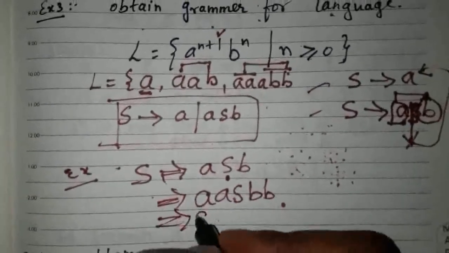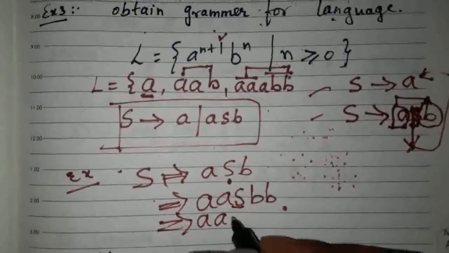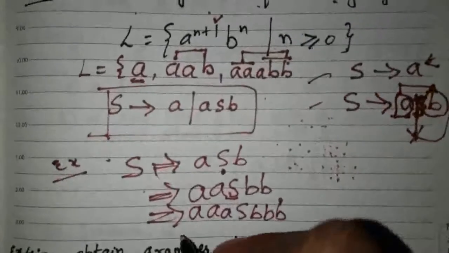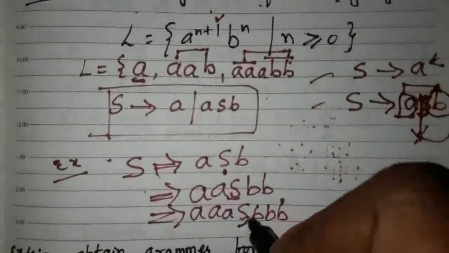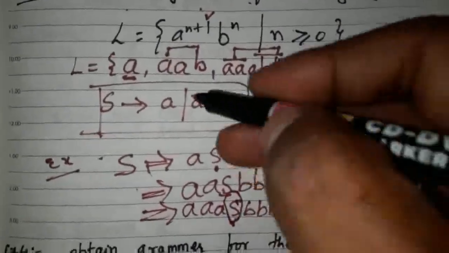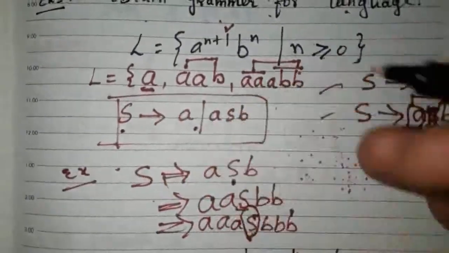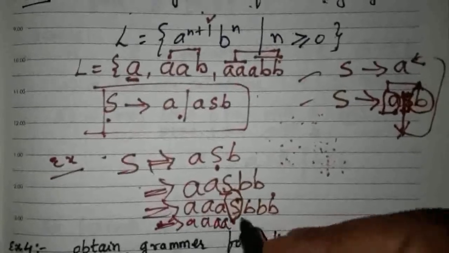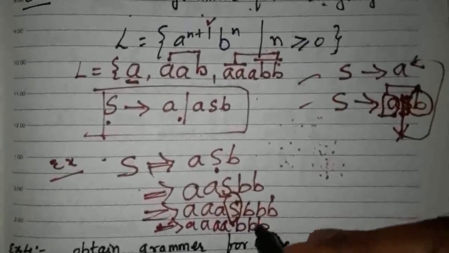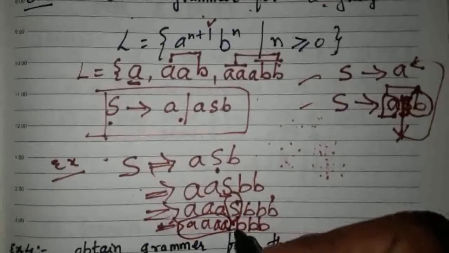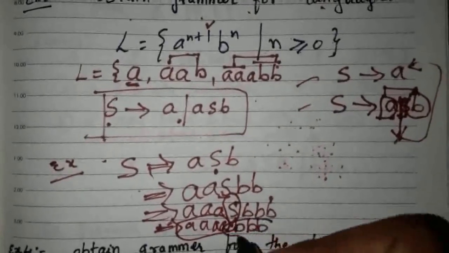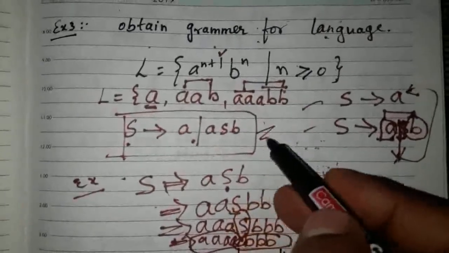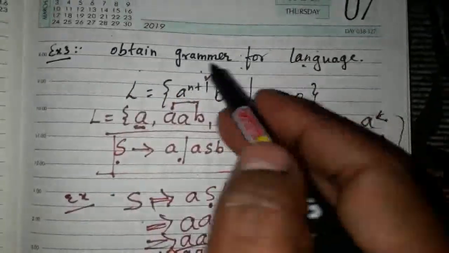Next, I will take a, and S is replaced with aSb again. Finally, I have to stop somewhere, so I will take the value of S as a. So that will be 4 a's followed by 3 b's, where the number of a's is 1 extra compared to the number of b's. So this is the grammar for the given problem.